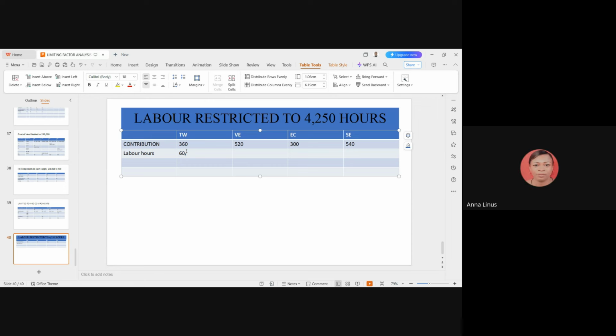So at this point, the contribution per limiting factor will be 360 divided by 15. You have 24. I believe this should be clear, even to one pupil.